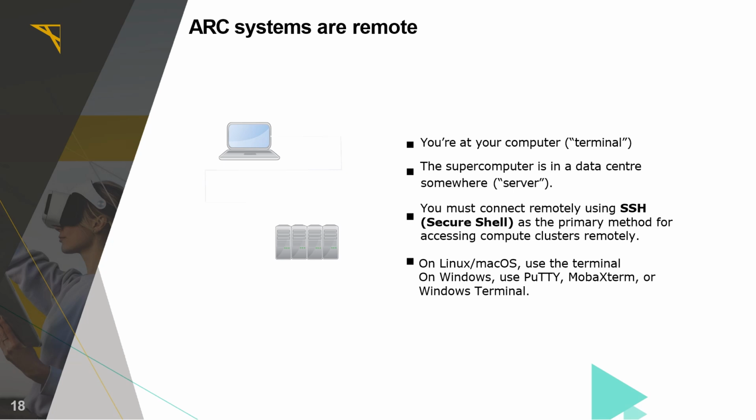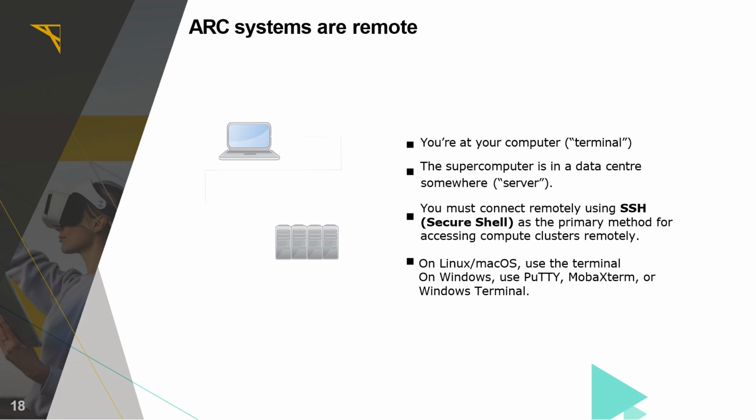Because the ARC system is a powerful supercomputer, it's housed in a secure data center. You connect to it remotely over the internet using SSH. SSH is a secure shell. It's a secure command line interface that allows users to log in to remote HPC systems. And in so doing, it also encrypts communication, ensuring secure data transfer and remote access.